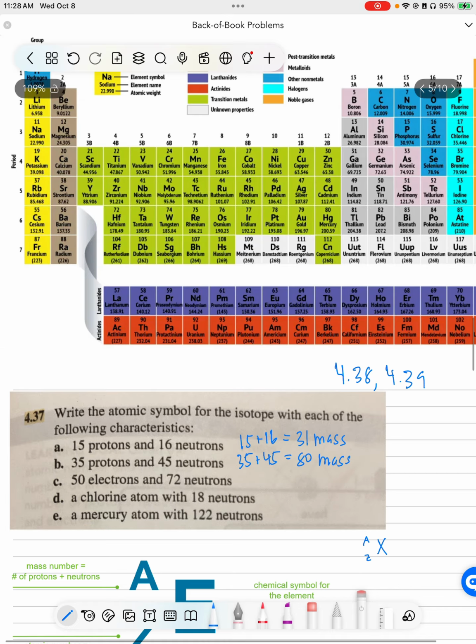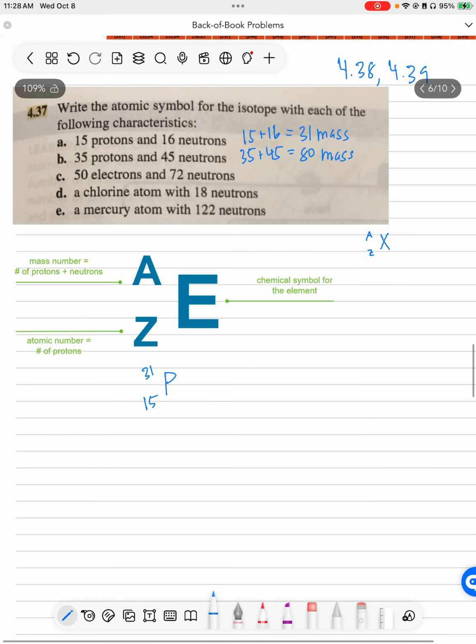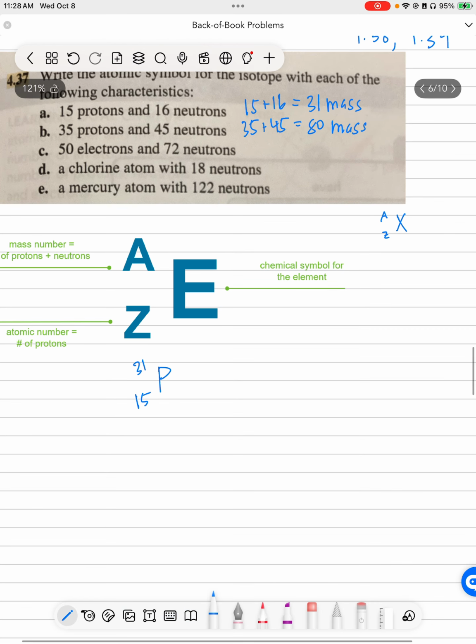So we go up here and we find 35 protons, which is bromine. And we write its isotope symbol like this, Br. Up in the upper left-hand corner, we write its mass, which is 80. And then the bottom left-hand corner, we write its atomic number or number of protons, which is 35.